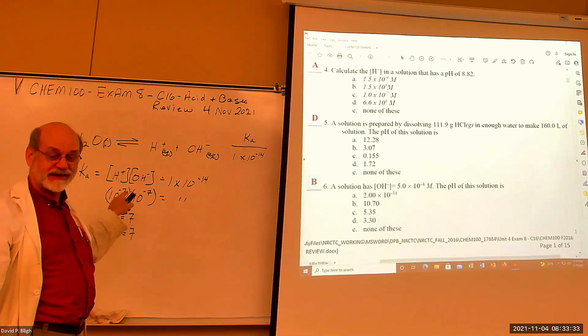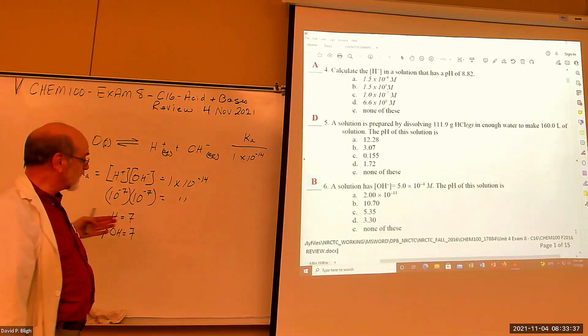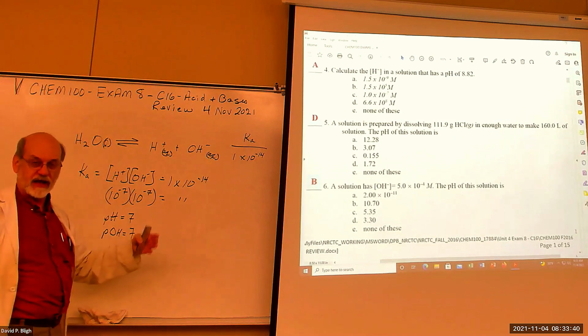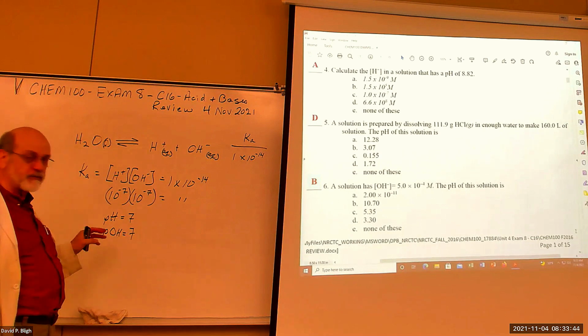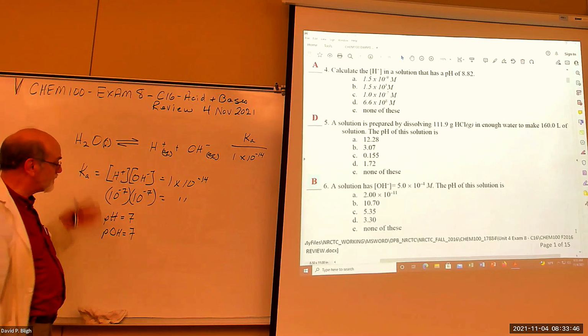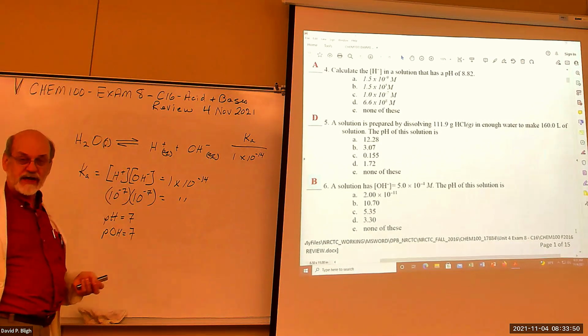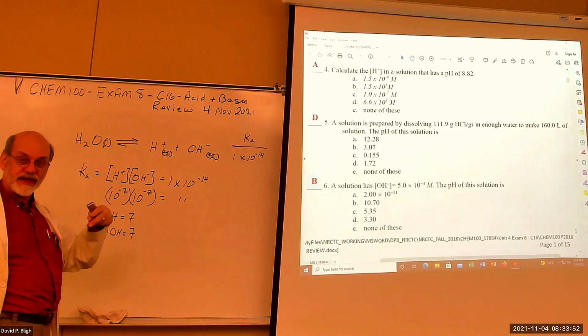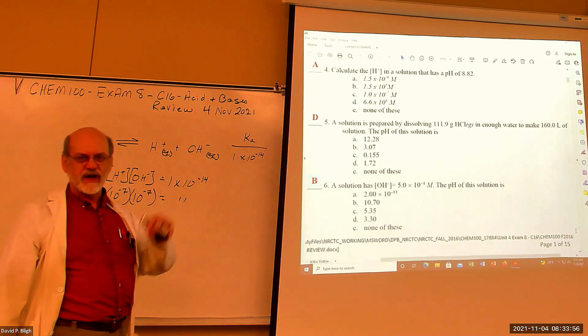This doesn't shut down just because we put a strong acid in there. Now, it may be insignificant compared to the strong acid. That's true. But if you put a weak acid in there, then there's competition. Which one produces more hydrogen ions, the water or the weak acid? Then you have to think about that, and that's a little beyond this course.